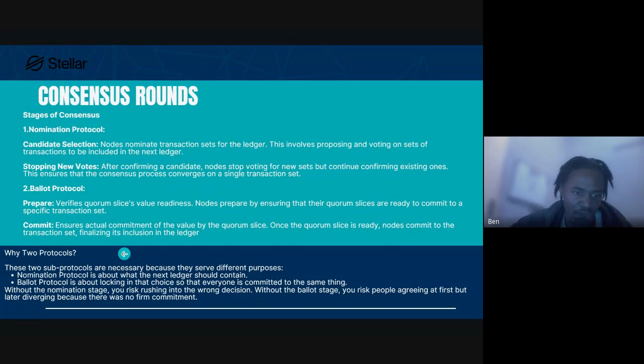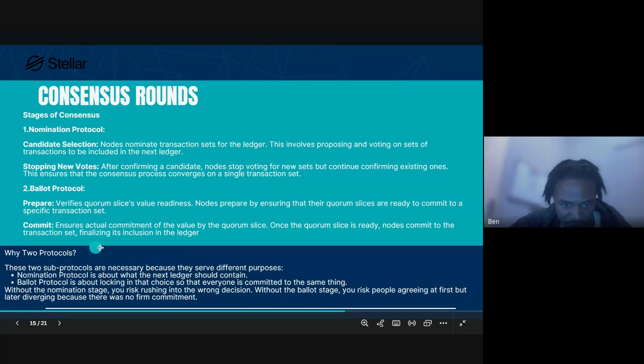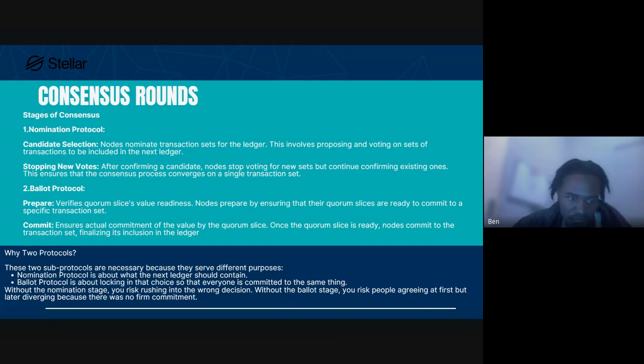So why do we need these two protocols? These two protocols are necessary because they serve different purposes. The nomination protocol is about what the next ledger should contain, and the ballot protocol is about locking in that choice that was selected so that everyone is committed to the same thing.